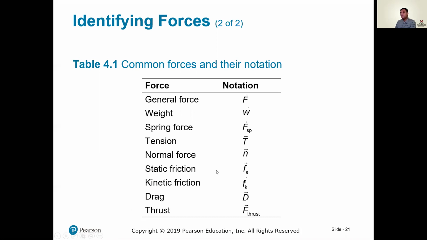So look at this table very carefully and stay with this convention when you are solving problems. You need to use the same symbols over and over, because otherwise you will confuse yourself and me as well, okay? So we will stay with these conventions for the different kinds of forces that you have just learned.